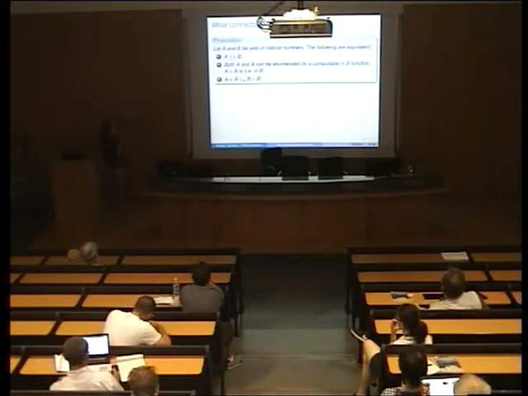Enumeration reducibility just uses the positive information and outputs the positive information.